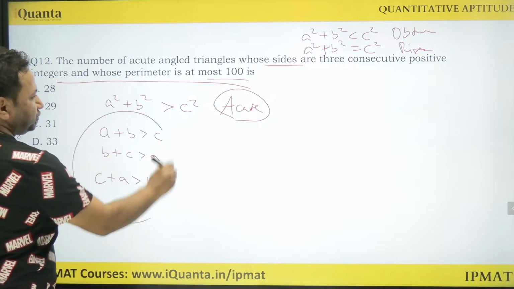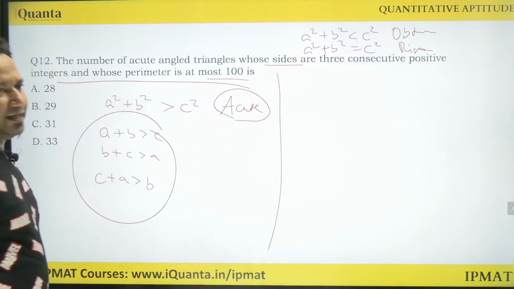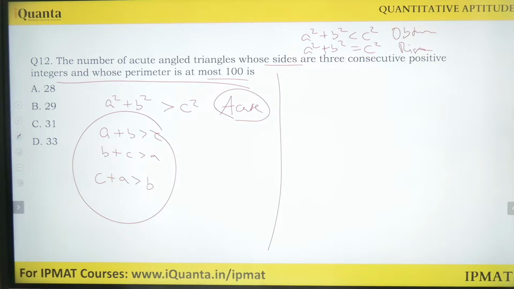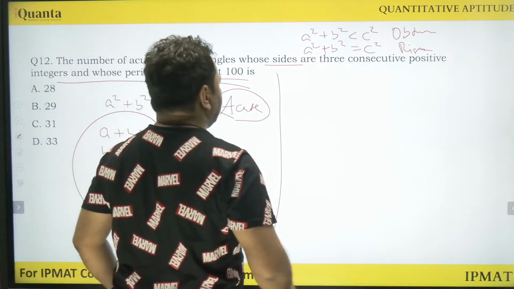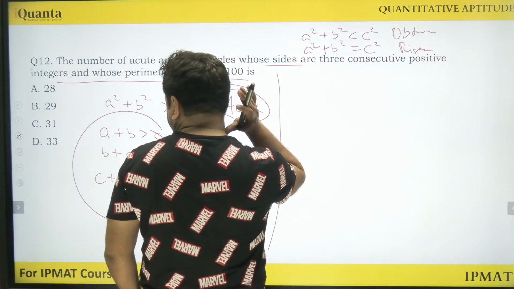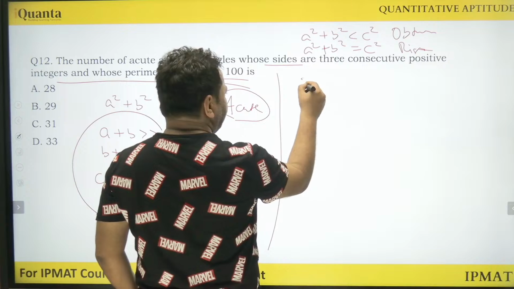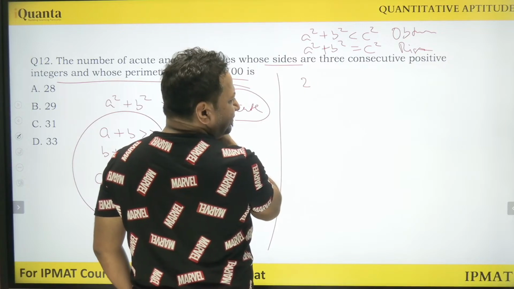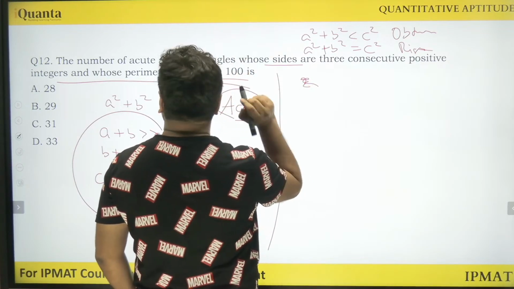So let us try to choose 3 sides which are consecutive. Okay? Let us do that. So I can assume 3 consecutive, sum is 100.